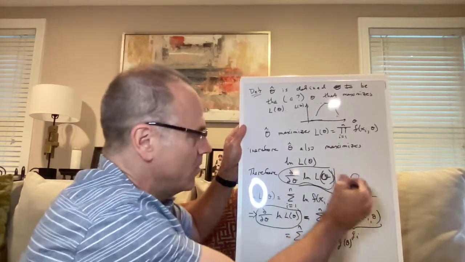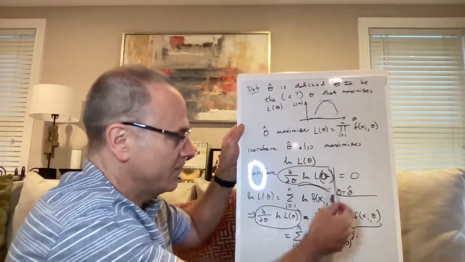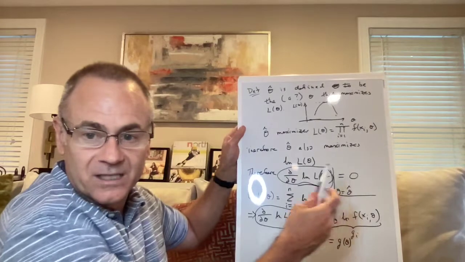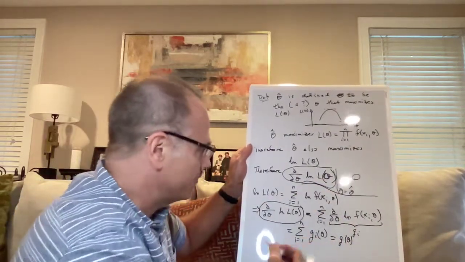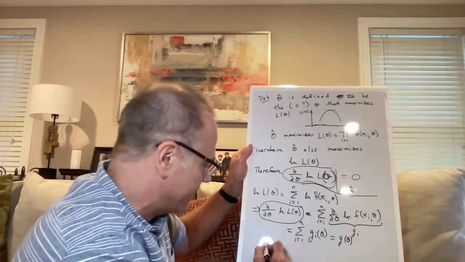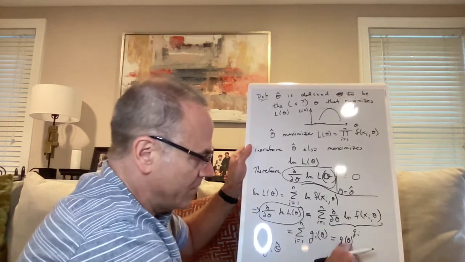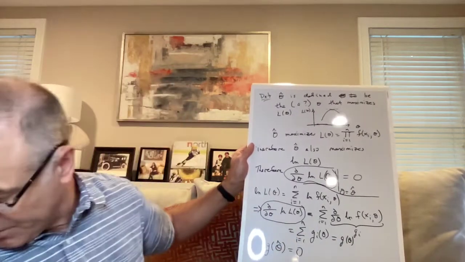And we've already shown that when we take the derivative of the log of L of theta and set theta equal to theta hat, it equals 0. Putting these together, g of theta hat just equals 0.